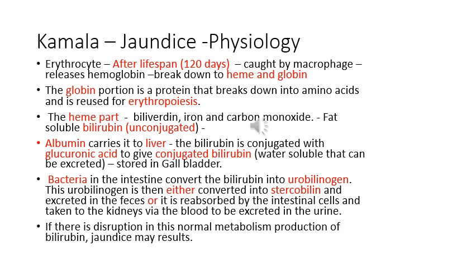However, if there is a disruption in this normal metabolism or production of bilirubin, the resulting condition is called jaundice. This can happen at any level: initially in erythropoiesis or hemolysis, the destruction of blood cells, or at the level of intake into the liver, or there is some failure in getting it conjugated inside the liver.